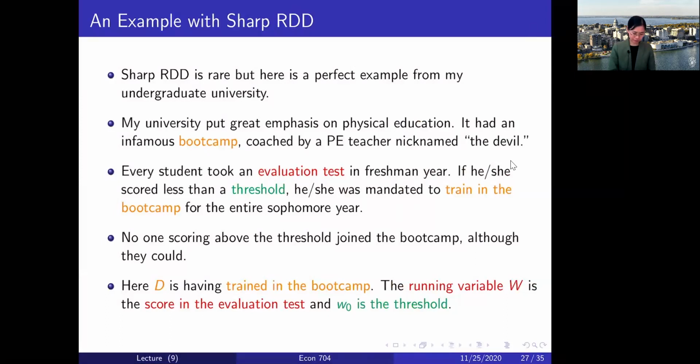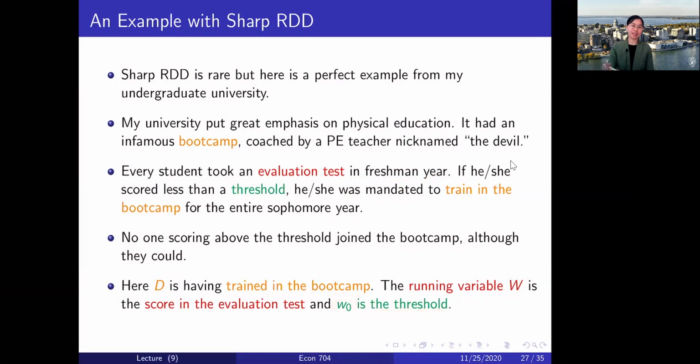So if D is having trained in the bootcamp, then D is perfectly, completely determined by the running variable W, which is the evaluation test score in the freshman year. And this w0 is the threshold set by the university.